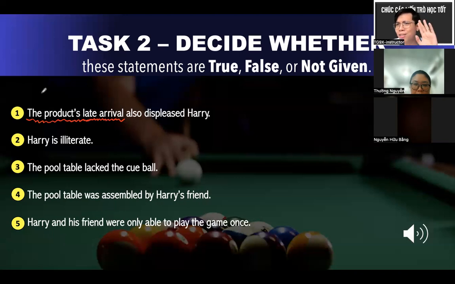Yeah, that's right. Late delivery. What about displease? Unsatisfied. Unhappy. Very good. And this is a verb. To displease someone means to make them unhappy.